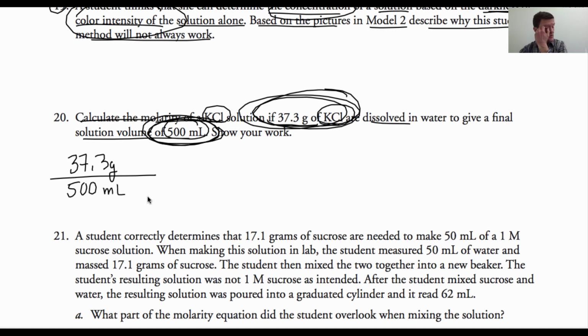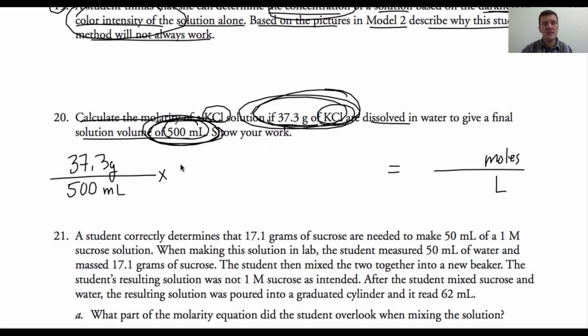And then I'm going to do a series of unit multipliers here, in order to change the grams to moles and the milliliters to liters. I want to get down here and have a number so that I have moles per liter. So I'm going to change the grams of potassium chloride to moles. How do I do that?